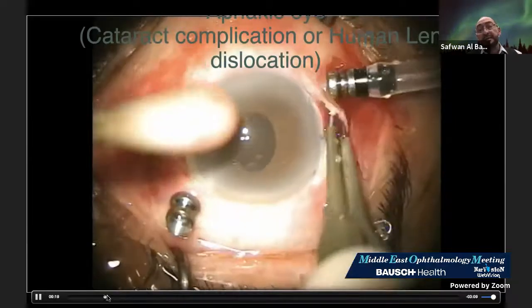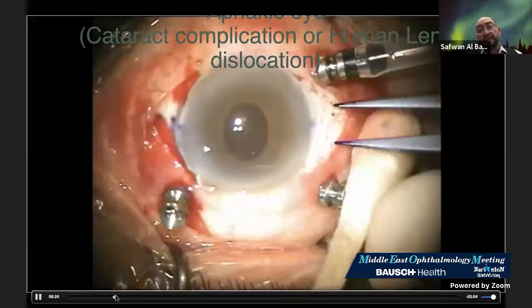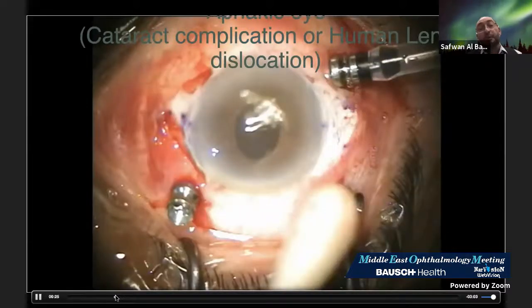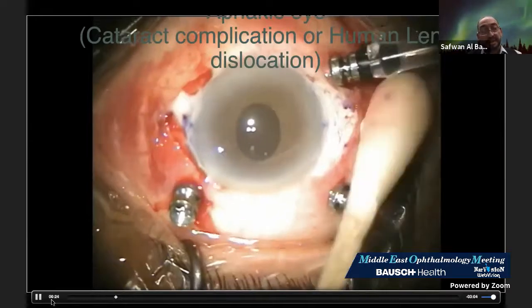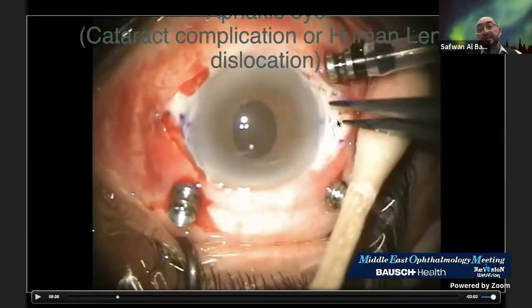Then the landmark for the sclerotomy will be 2 millimeter from the limbus. This point is 2 millimeter. I think that all of us are seeing my arrows. 2 millimeter from the limbus and 3 millimeter apart.